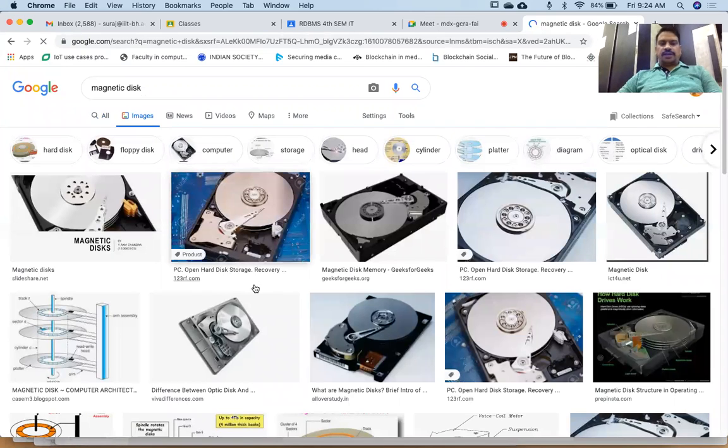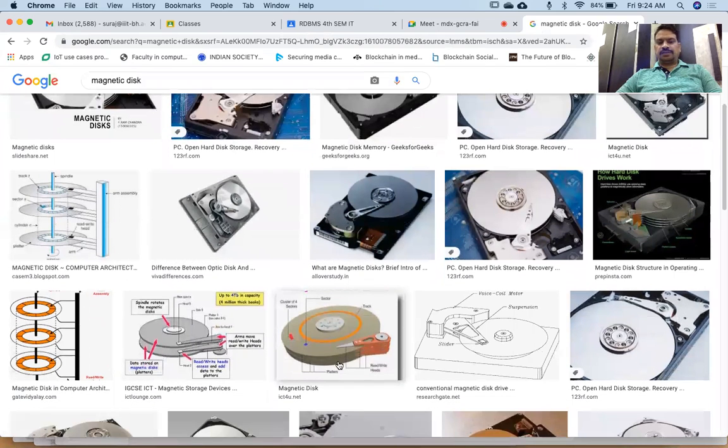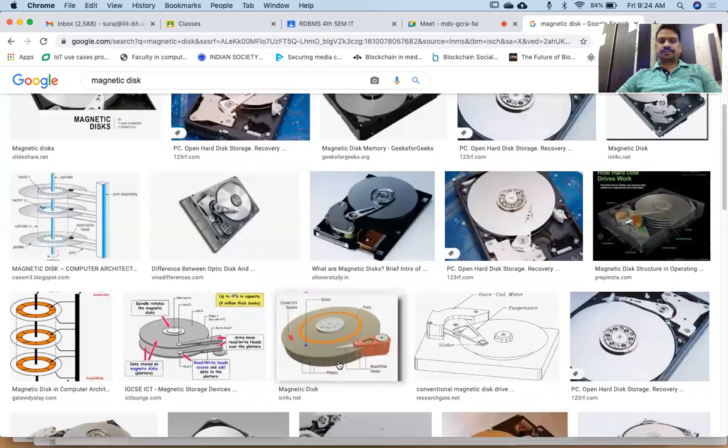These are all your magnetic disks, which we are using in our computer, our desktop, our laptop, right? And it is a very important storage for a database management system.